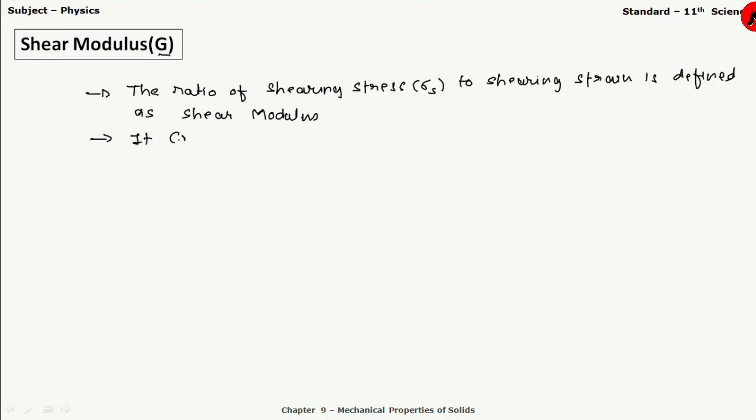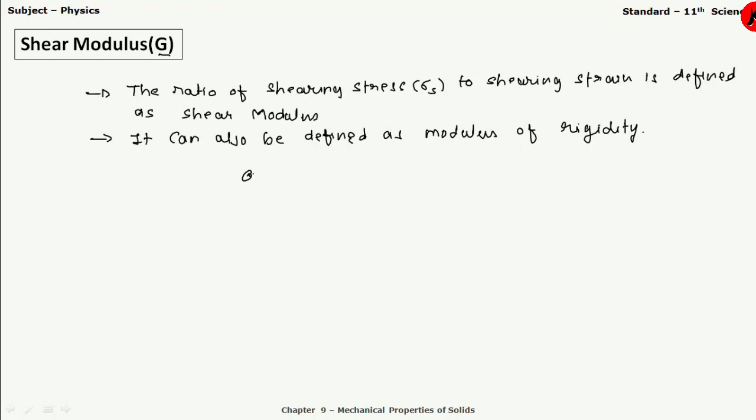It can also be defined as modulus of rigidity.